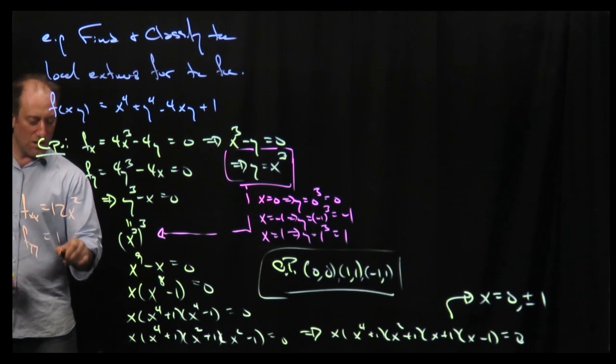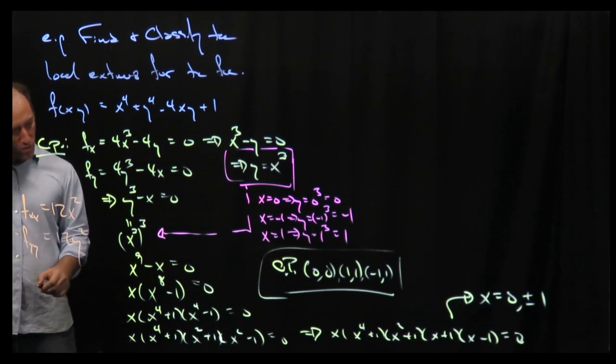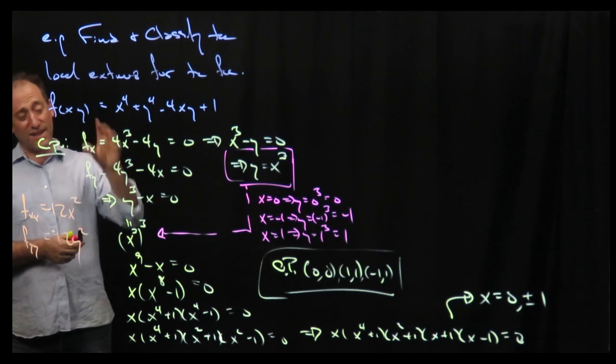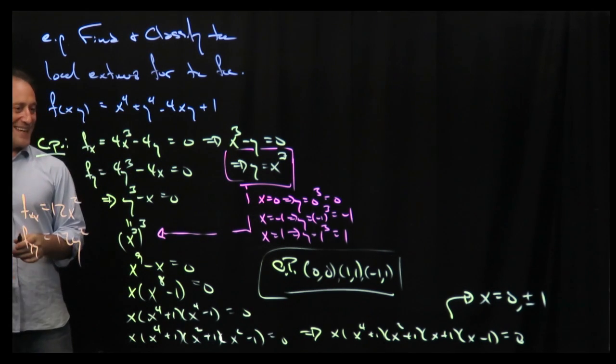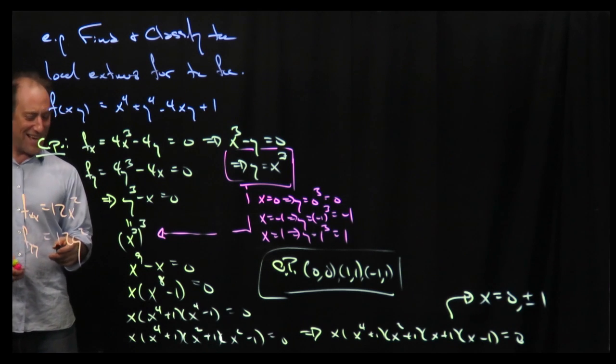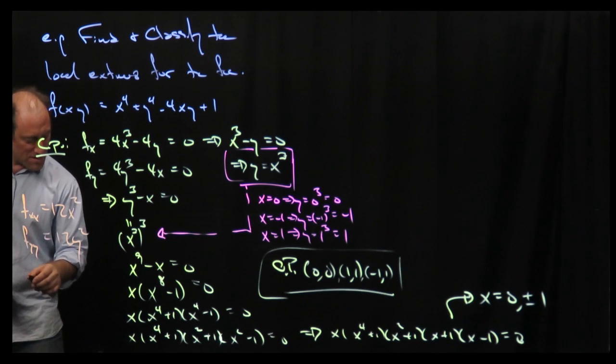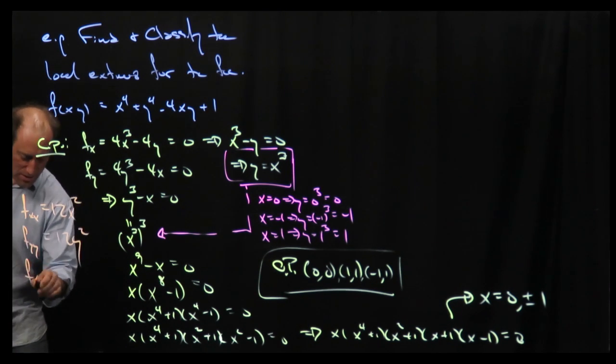Fyy will be 12y squared. And fxy, again, I can differentiate fx with respect to y or fy with respect to x. In both cases, I get a minus 4.